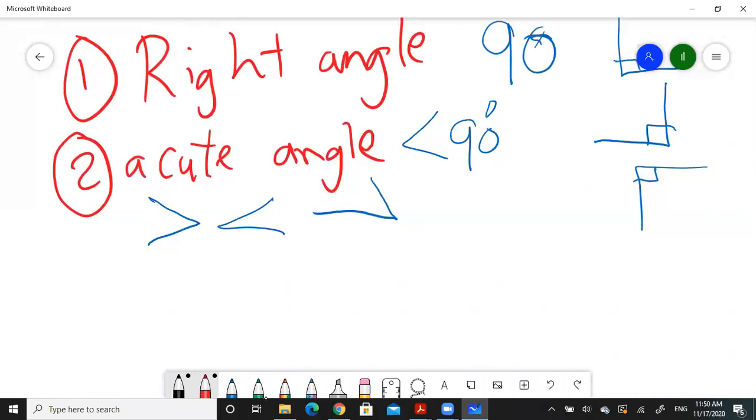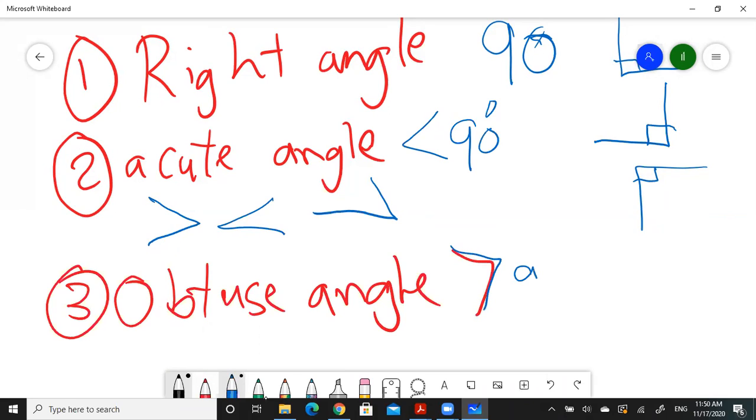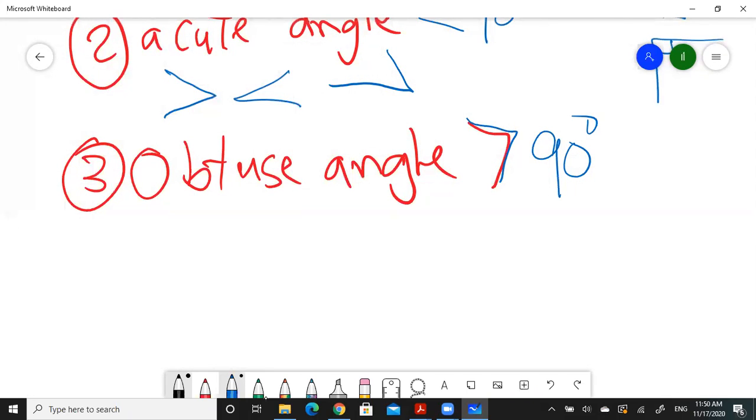The third type is called an obtuse angle. An obtuse angle is greater than 90 degrees, and its shape is like this or this.